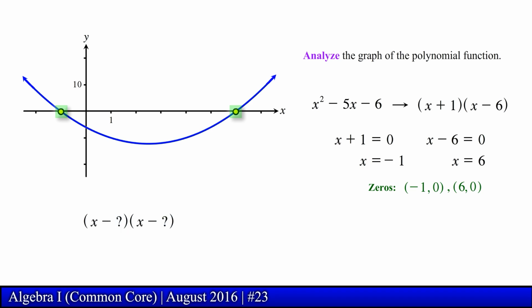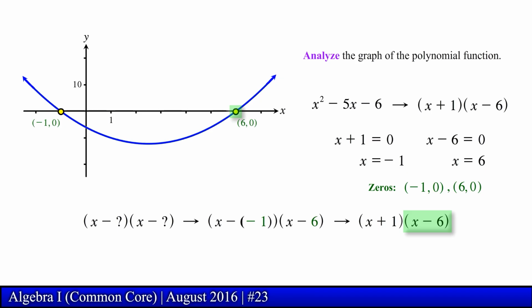In this example, notice that the zero located at x equals -1 was obtained from the factor x plus 1, and the zero located at x equals 6 was obtained from the factor x minus 6. Notice that the x-coordinate of the zero switches signs when it is used to write the factor of the polynomial.